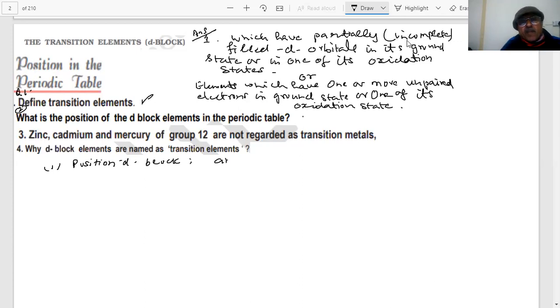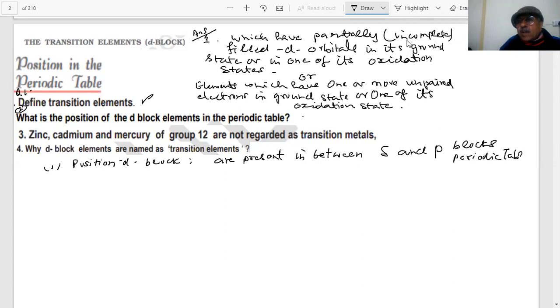They are present, students, in between the S and P blocks of the periodic table.